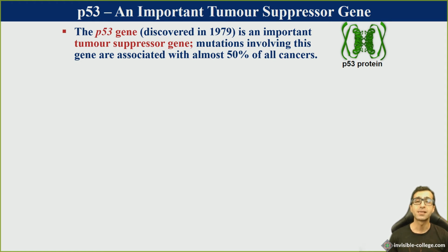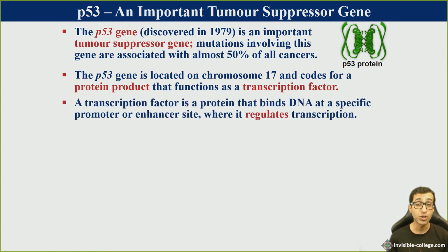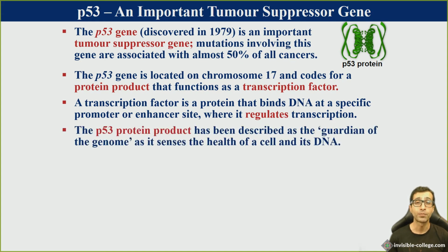This is located on chromosome 17, and the protein product of this gene again acts as a transcription factor. Remember, a transcription factor is a protein which binds to a promoter region adjacent to a gene where it regulates the transcription of that gene. In this case, the p53 protein product has been described as the guardian of the genome. Essentially what it does is it senses the health of the cell and its DNA.